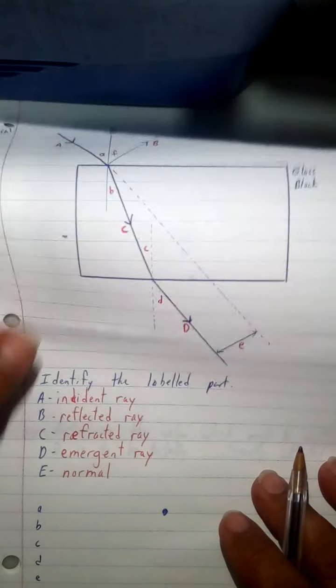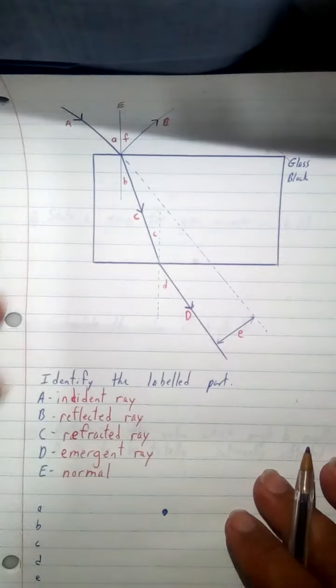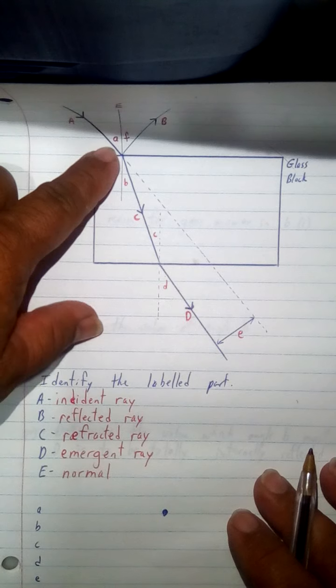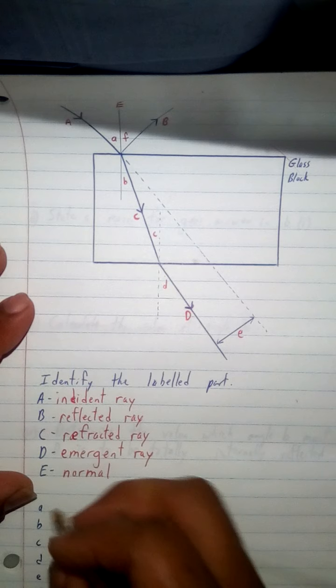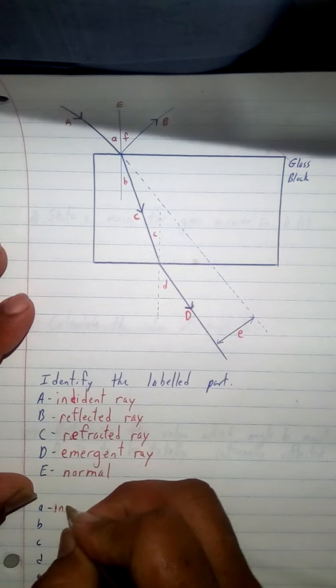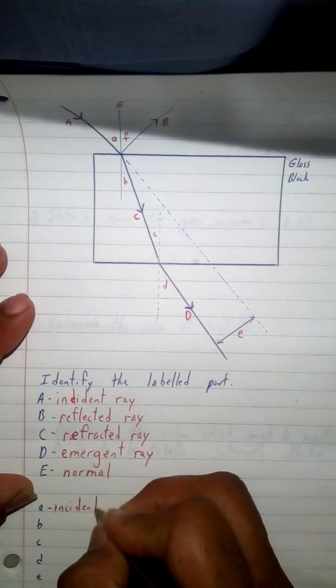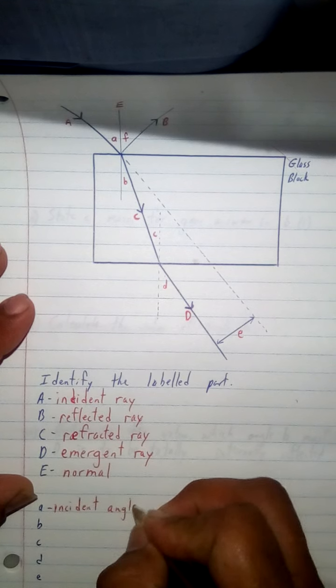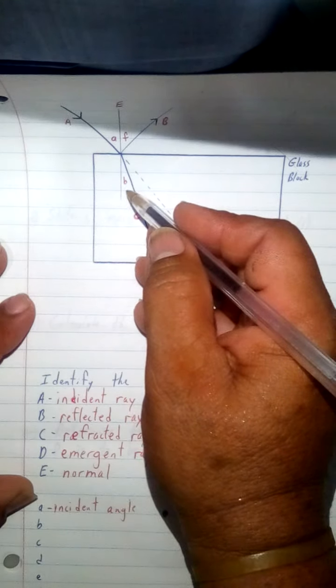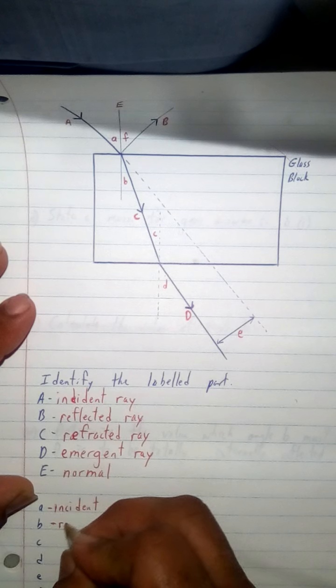We also have some small labeling that we can do, so let's look at that. A is the incident angle. B is the refracted angle.